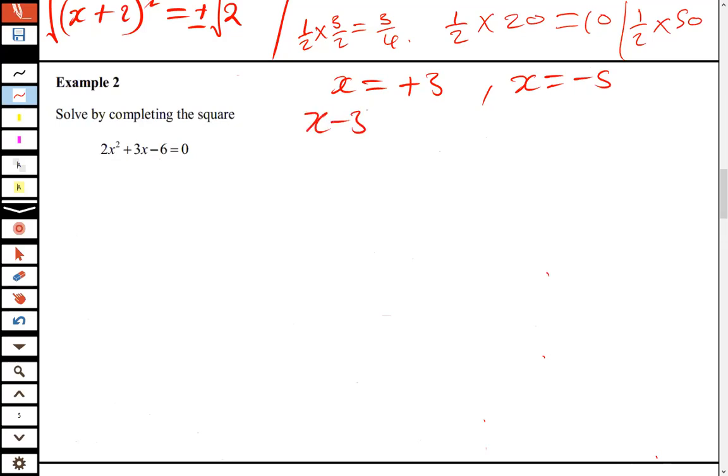We have x minus 3, then we have x plus 5. So this will be x squared -3. Okay, let me change the signs.